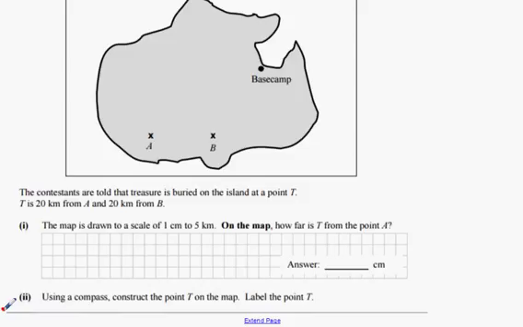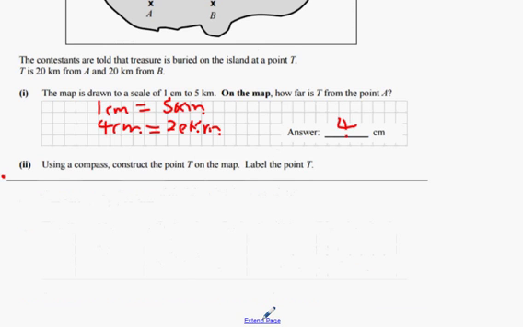On the map, how far is T from point A? So, if 1 centimetre equals 5 kilometres, how long is 20 kilometres going to be? 4 centimetres, because it's 4 times bigger. Are we alright with that? Using a compass, construct the point T on the map.